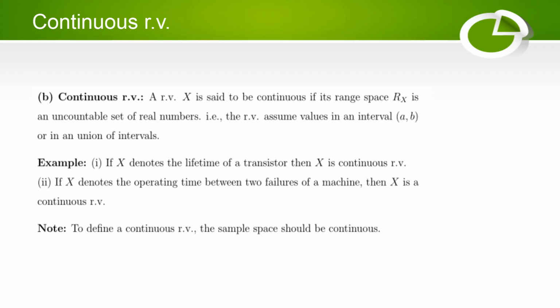Example: if x denotes the lifetime of a transistor, then x is a continuous random variable. If x denotes the operating time between two failures of a machine, then x is a continuous random variable. Note: to define a continuous random variable, the sample space should be continuous.